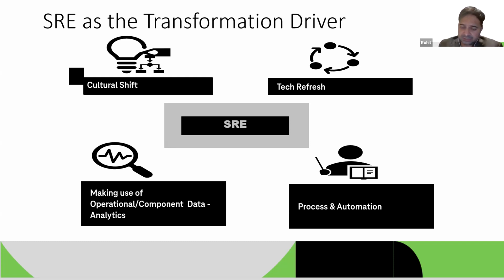Then there is an aspect of process, and a process we already touched about, of automation. Now, automation is one of those overused terminologies in the industry. A lot of people are under the, I'll be very honest in saying, wrong perception that automation is going to solve all the problems, right? Which is not the case. Automation is just an end product. It's the end product after doing the analysis.